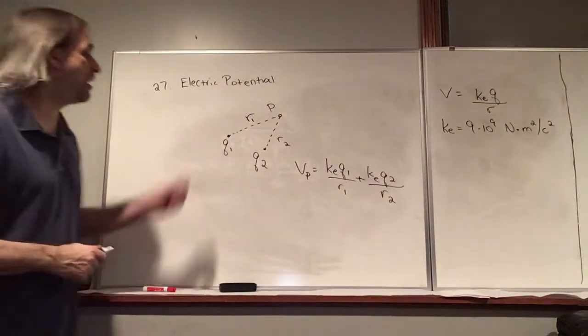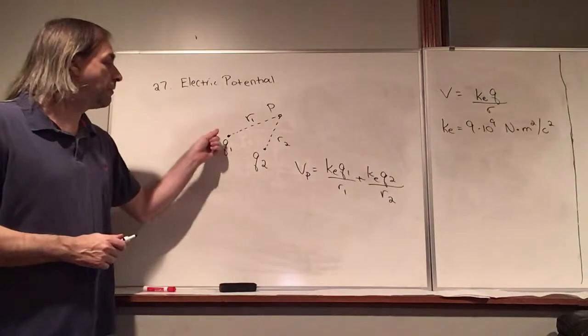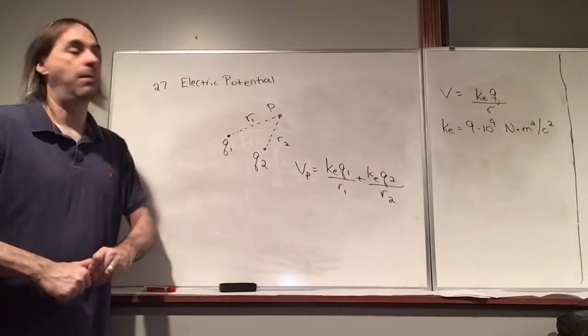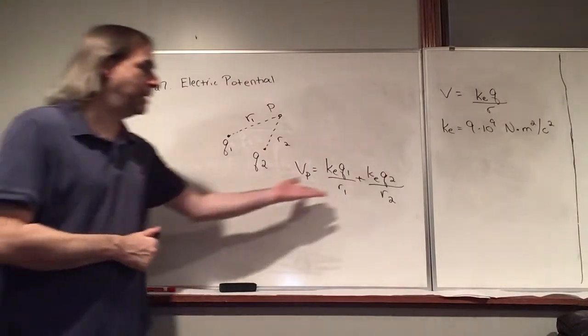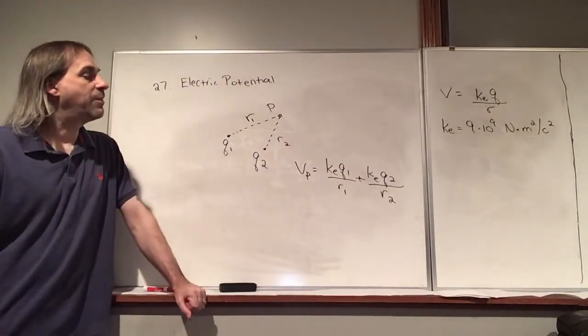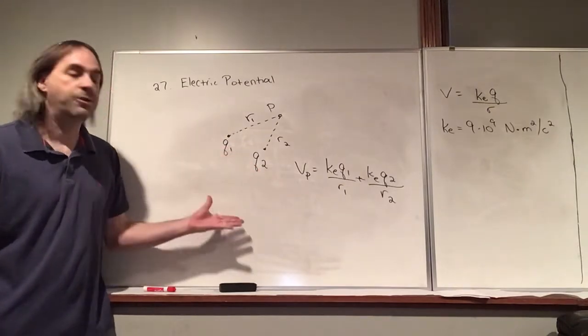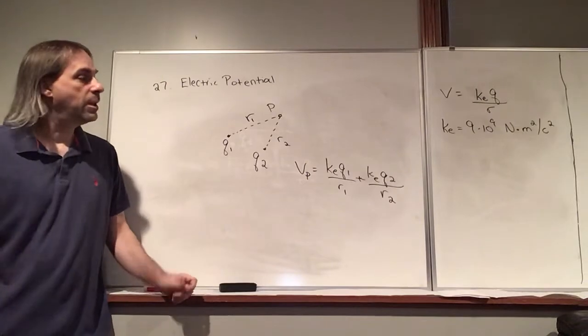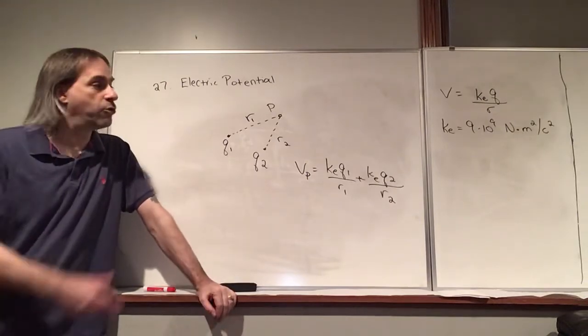So again, you just calculate the electric potential due to each of these charges at that point P, and you add them up. You can easily generalize this to any number of charges. So in theory, if we have individual charges at definite locations, we can calculate the electric potential anywhere we want.